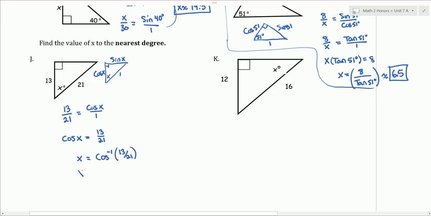To type this into your calculator, you usually have a second key or a shift key that you're going to want to hit first to get the inverse cosine, and then type 13 over 21. And you should get roughly 51.8 degrees.